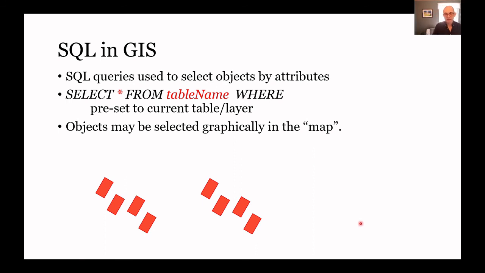The other way we can select data in GIS is graphically or spatially, as it were, in the map. So we can just draw a ring around or a box around some data. Give me those. I want those. We don't know what their attributes are. We may not even know what attributes they may possess. We just know that they're in the right place. I want those things.